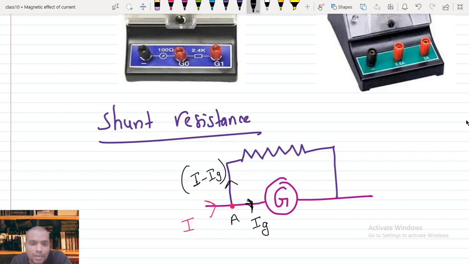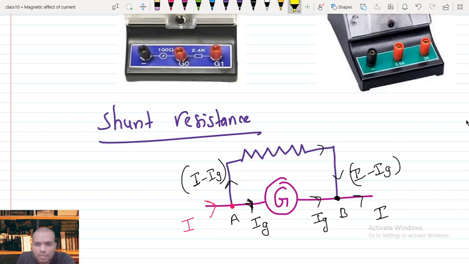So the current divides here. Strong currents do not pass through the galvanometer because of the parallel resistance, and when it comes to another junction at B, the currents add up again. Ig comes from the galvanometer and I minus Ig comes through the shunt resistance, and the total current I remains the same.